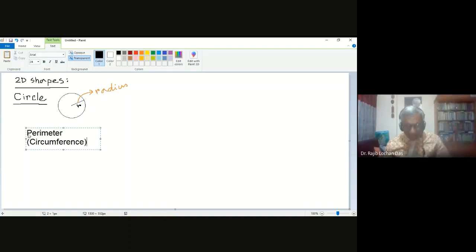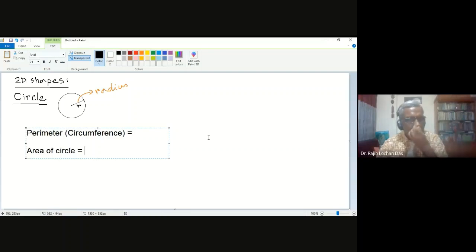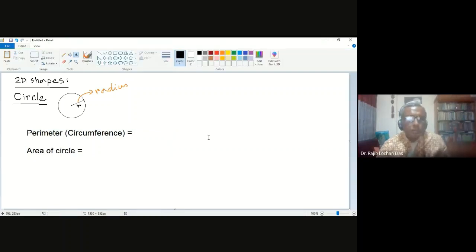Okay, in Bengali it is called poridhi. So it is actually perimeter. I told you perimeter is actually the boundary line. So there is a formula for perimeter, that means the circumference, and there is another formula for area.